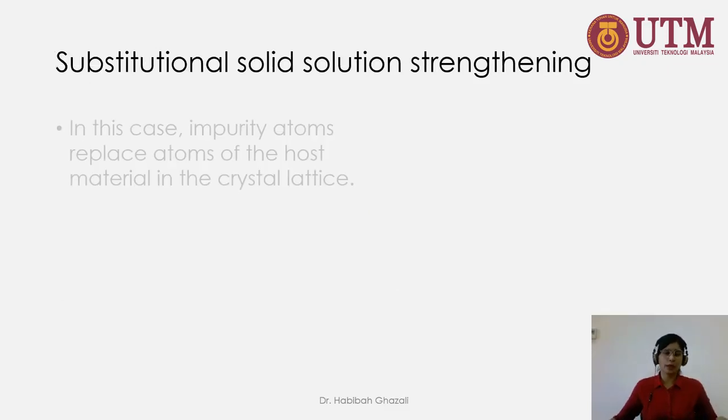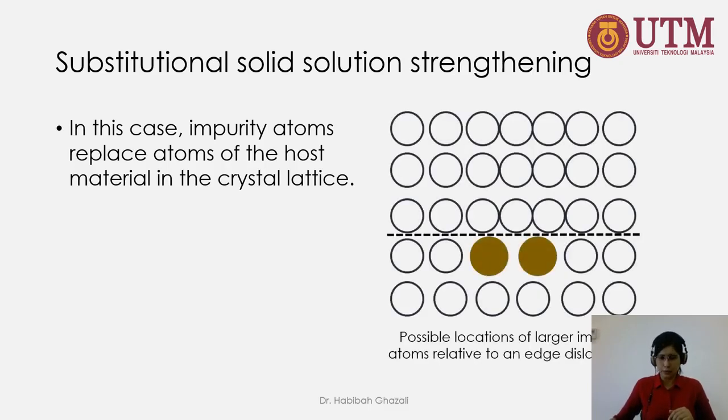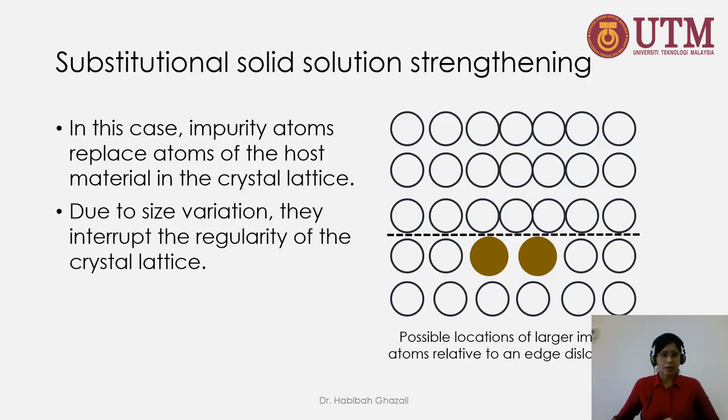In the case where impurity atoms replace the host atoms in the crystal lattice, as in this schematic, we call this strengthening mechanism substitutional solid solution strengthening. Due to the variation of size between the two atoms, they also create lattice distortion.